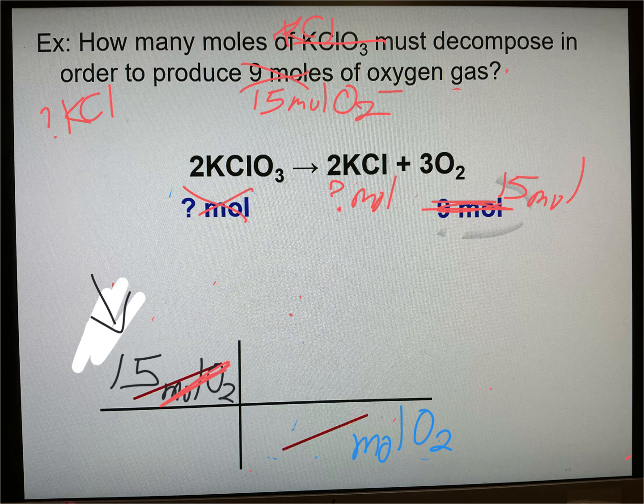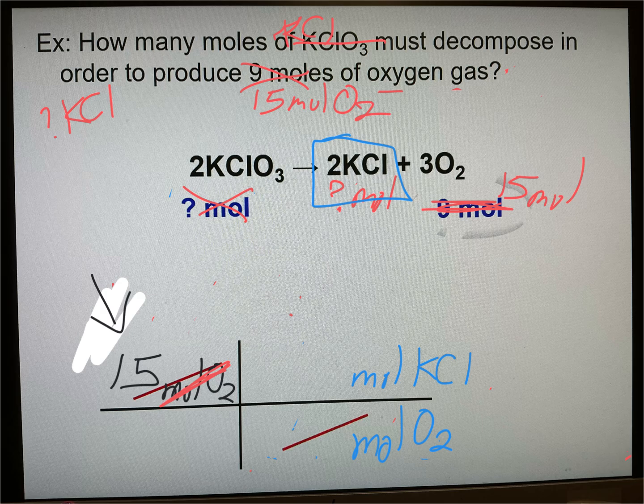Okay, so now, what is it that we're looking for? What you're looking for goes on top. Yep, potassium what? You're looking for the mole of potassium chloride, right? So now this is where you look for this in the equation. What's my mole for potassium chloride?